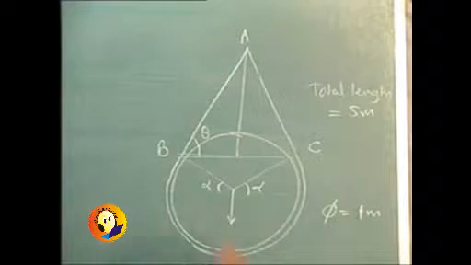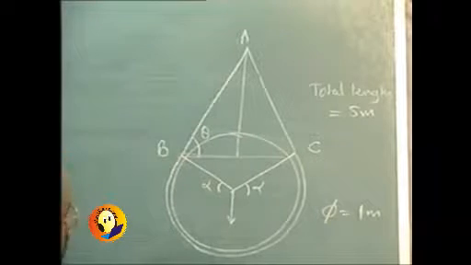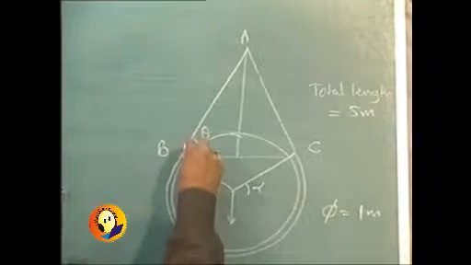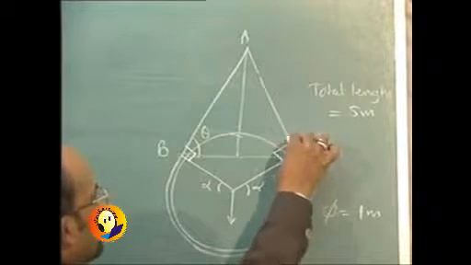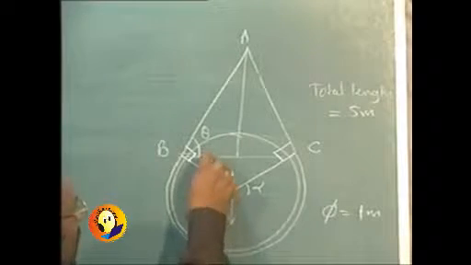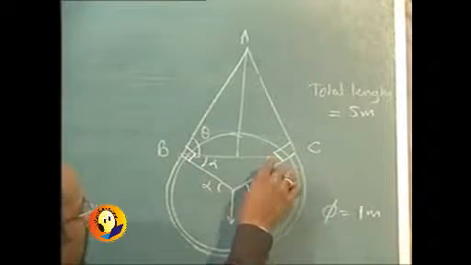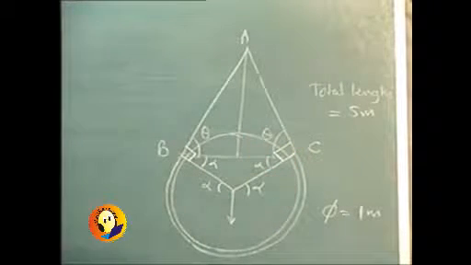We also know that this length is 0.5 meters, because it is the radius each. Then using these 2.5 meters and this angle as 90 degrees, we get one important conclusion, that alpha plus theta in this case will turn out to be 90 degrees.